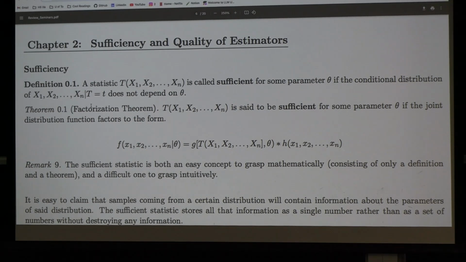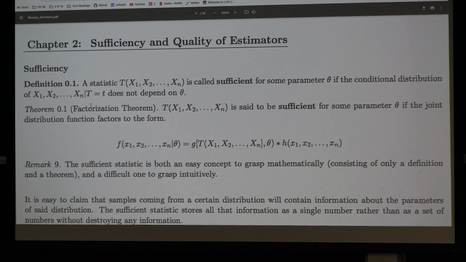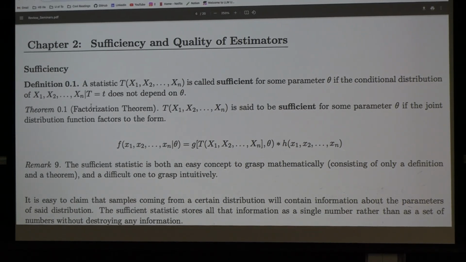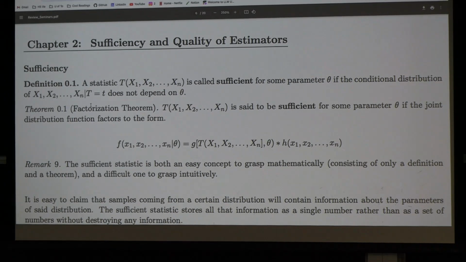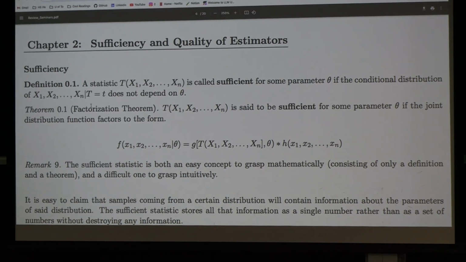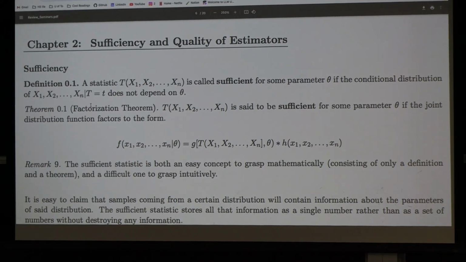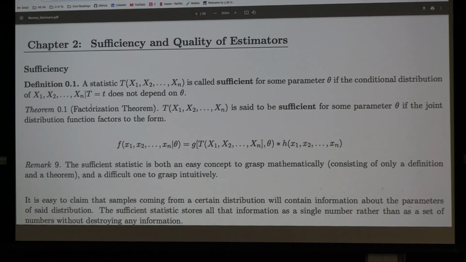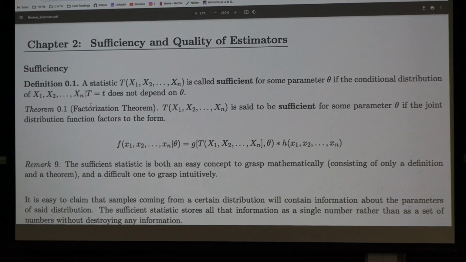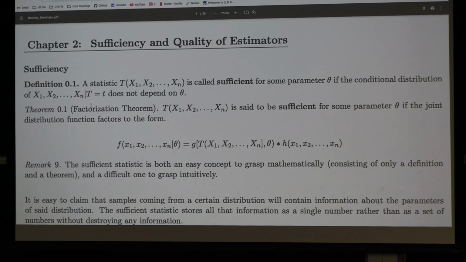It's hard to grasp the intuition behind it, but luckily mathematically it boils down to just those two theorems. By the factorization theorem, it's sufficient for some parameter if the joint distribution function factors out to something that only uses those observations, being h, and then some function g that is only using your test statistic and the parameter.